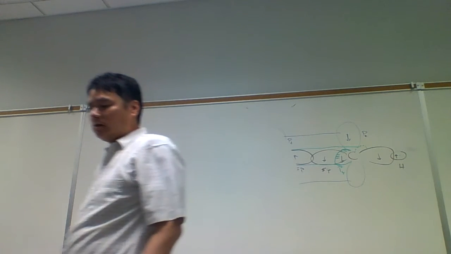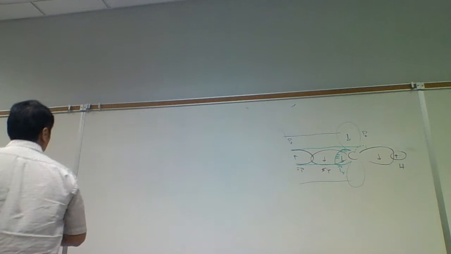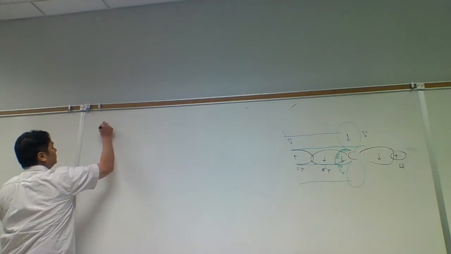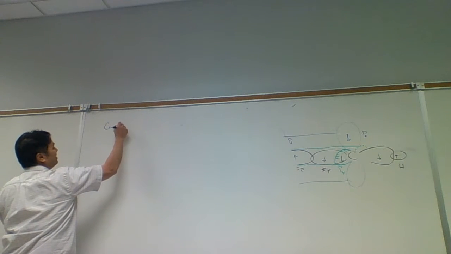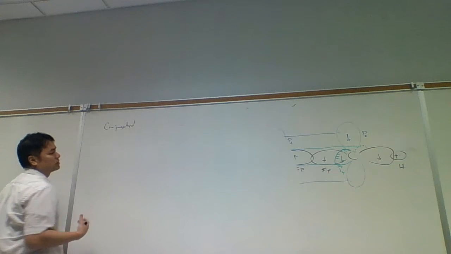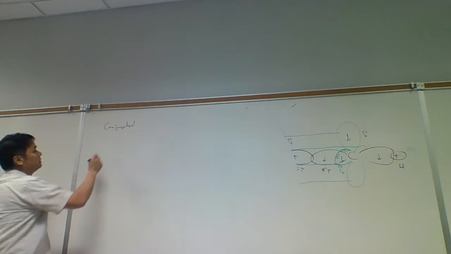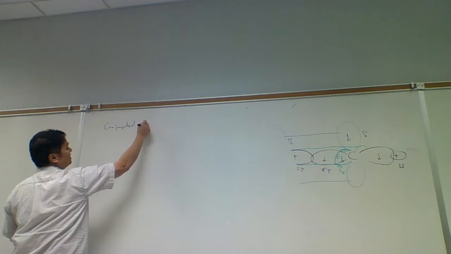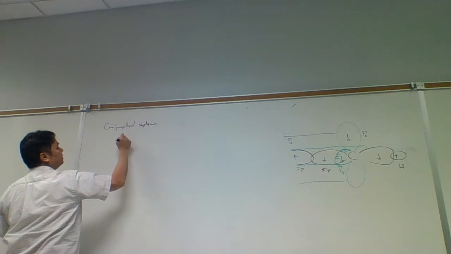Sometimes resonance forms are not so difficult to see. Conjugated systems are extra stable. And what we see in conjugated systems is this. Sometimes conjugated systems are called aromatics.